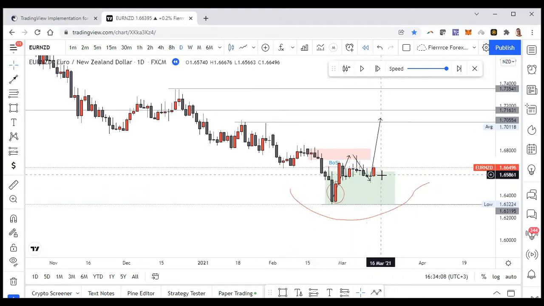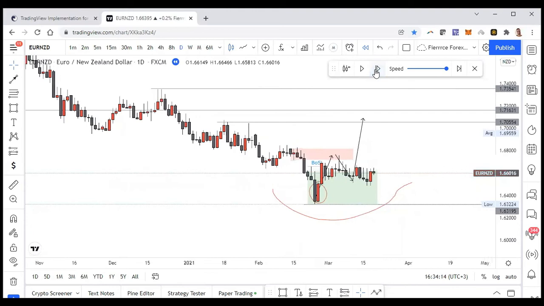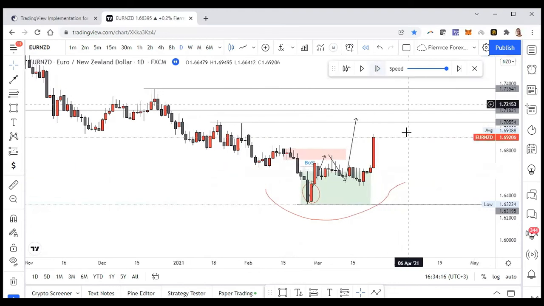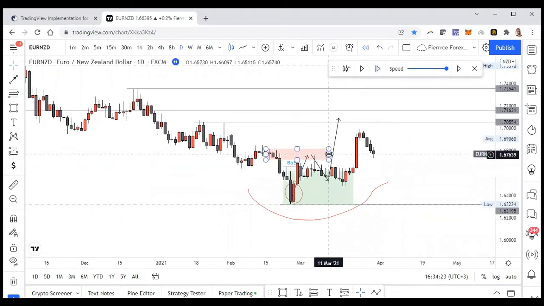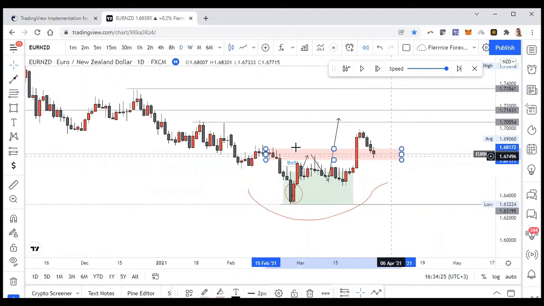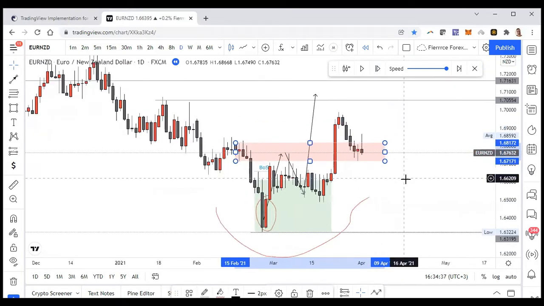Okay, now we continue to print price, and as you can see, as we continue pushing up, we are now retesting that same supply zone, okay, that same supply zone, which becomes a demand zone.